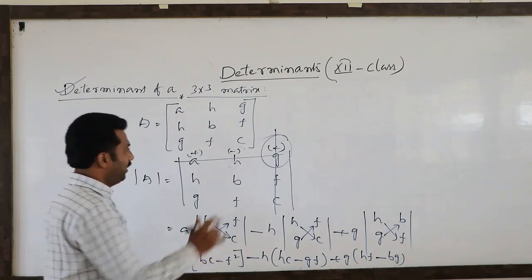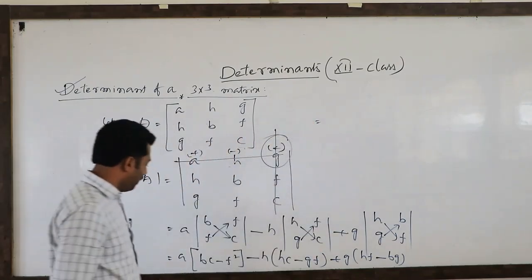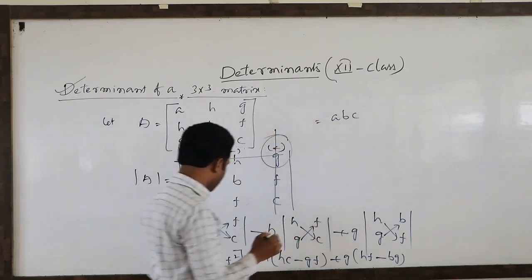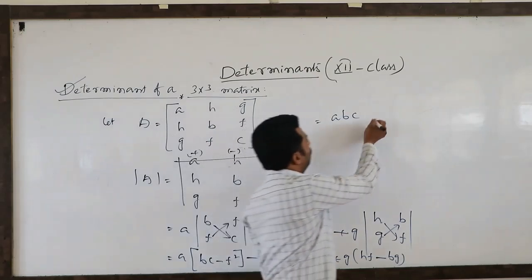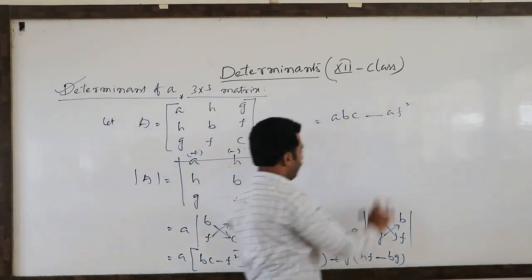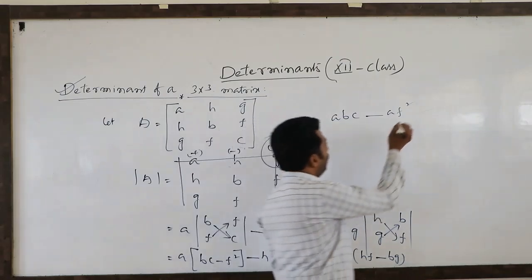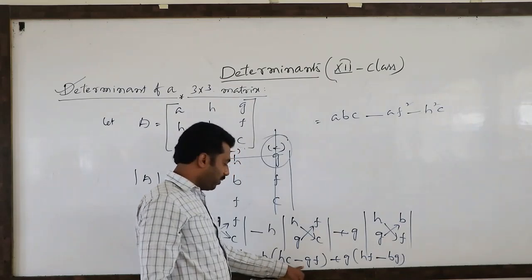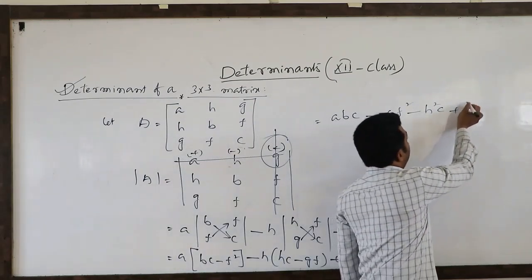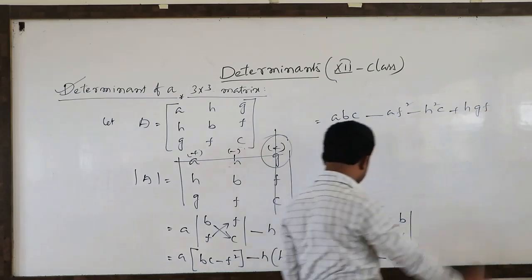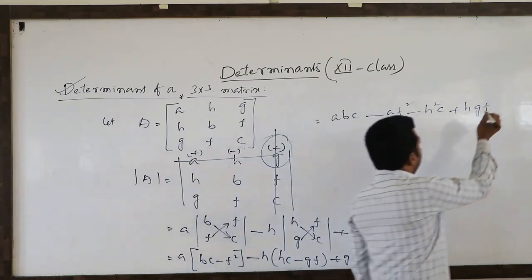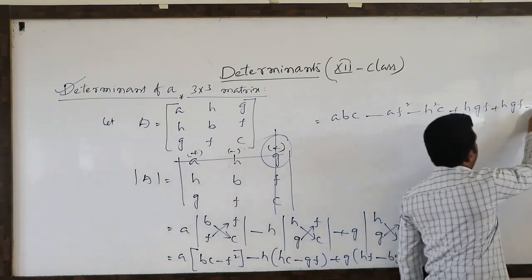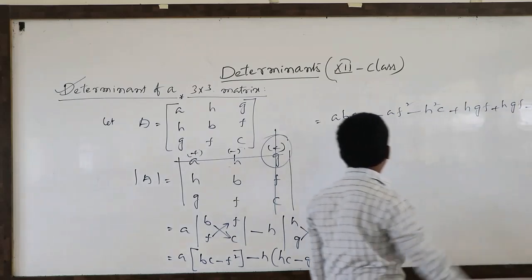So if I simplify these terms, what will I get? A into BC, that is ABC, minus AF square, minus H square C, minus of minus means plus, plus HGF, again plus HGF, minus BG square.